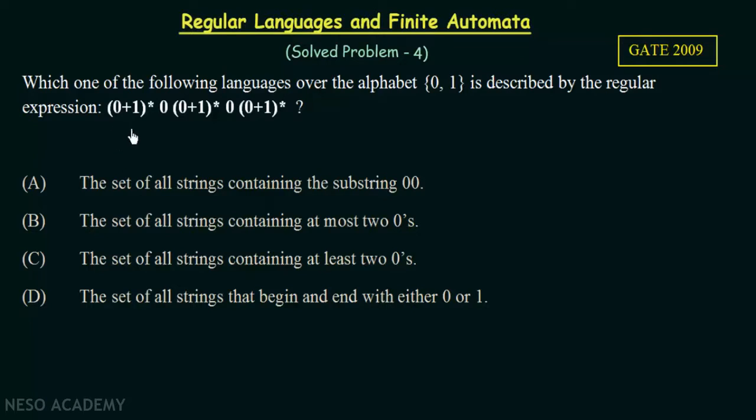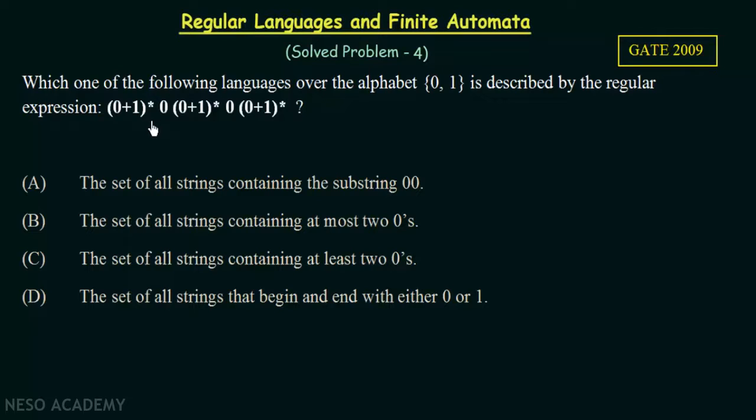Alright, now we understood what this regular expression means. Now let us look at these options and try to figure out which of the descriptions correctly describe this regular expression. So the first option is the set of all strings containing the substring 00. So we see that it can obviously contain the substring 00. Like from here, let's say that we got a 0 from here, and this 0 will be there for sure. So the 00 substring will be there.